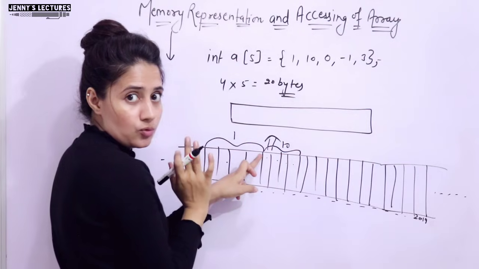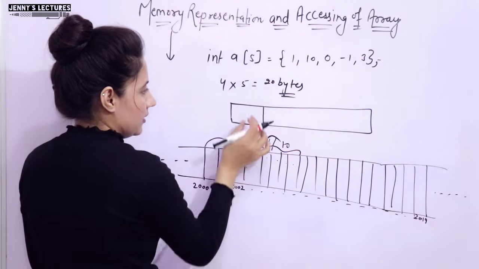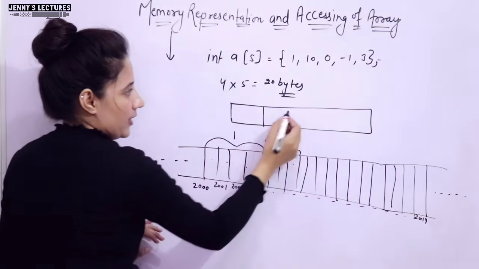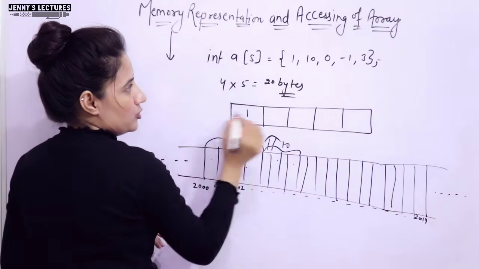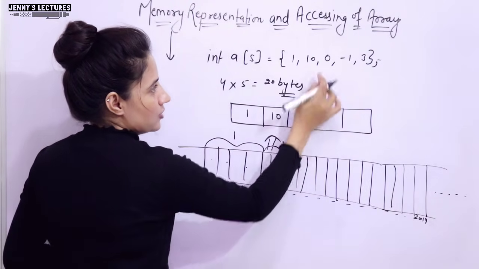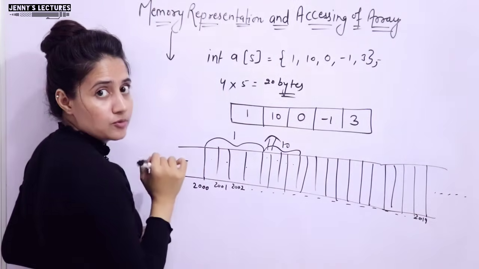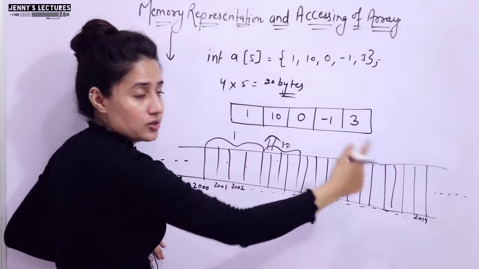Rather than drawing all bytes, I am just drawing a simple block for these 4 bytes. So here 1 would be stored, then 10, then next memory allocation 0, then -1, and then 3. So this is how data would be stored in consecutive locations, contiguous memory allocations.